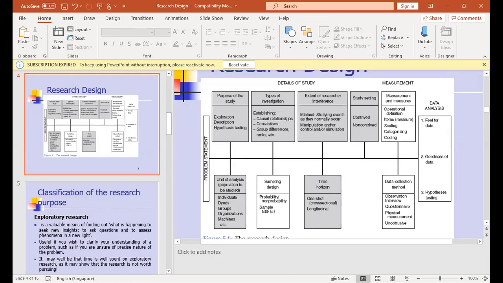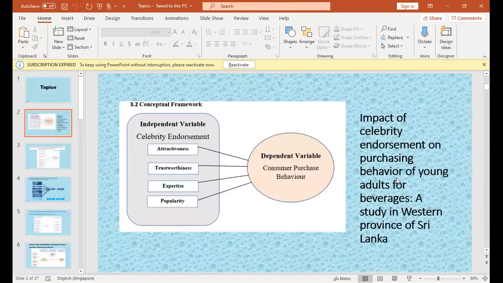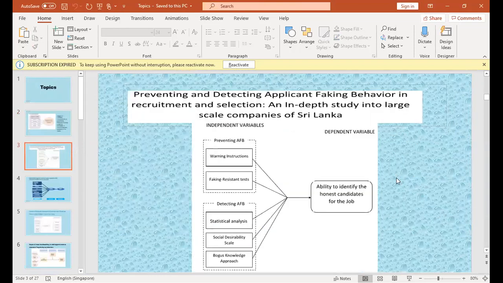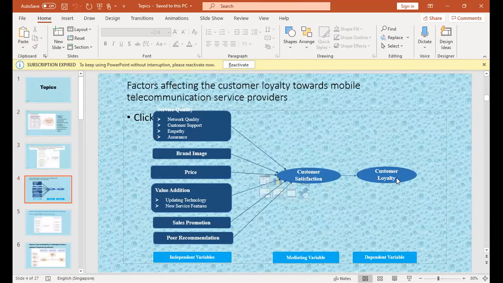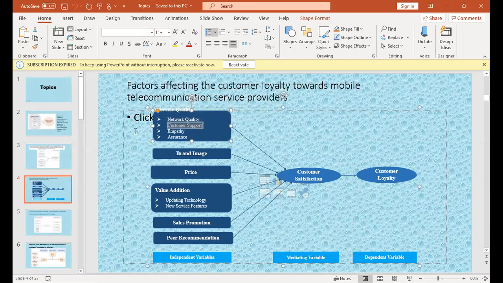Hi. So now going to come to the next research problem. If you look at this, what can you say? What is the philosophy and what is the approach?